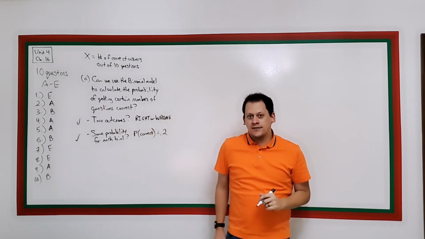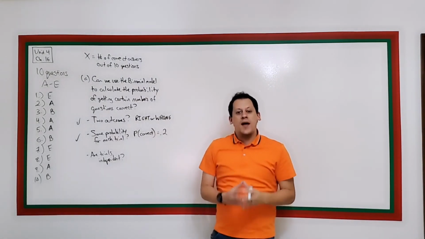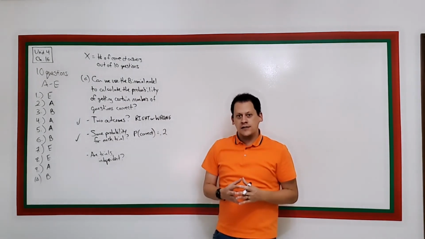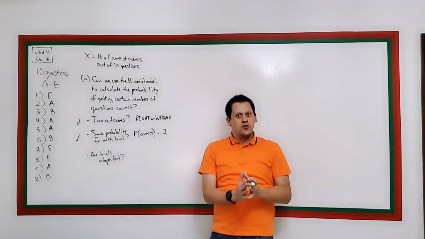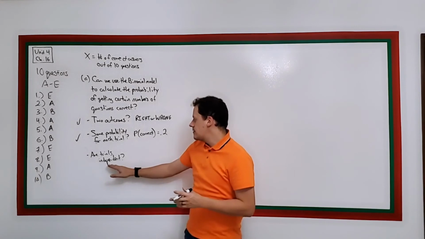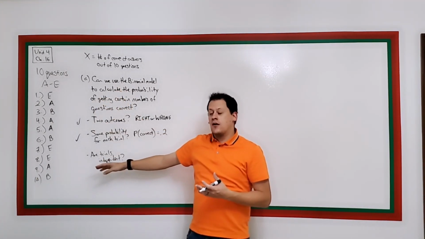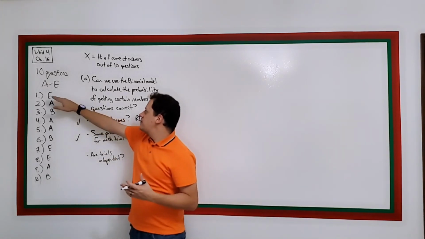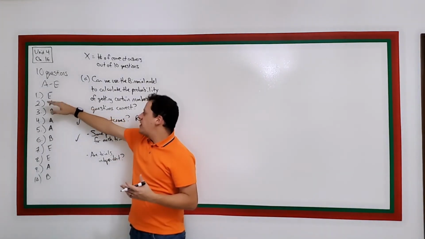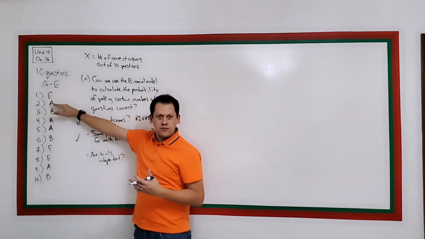There's only one more. Are the trials independent of each other? That's the third condition for a Bernoulli trial, right? We need independent trials. Again, the trials are each of the questions. So is your response for this question independent of your response for this question?